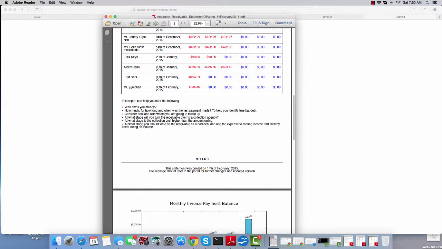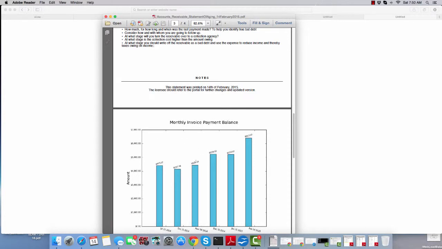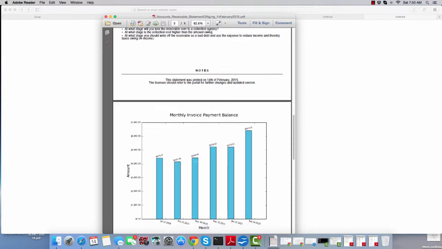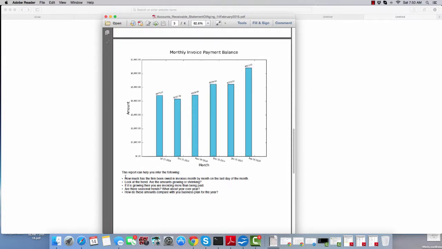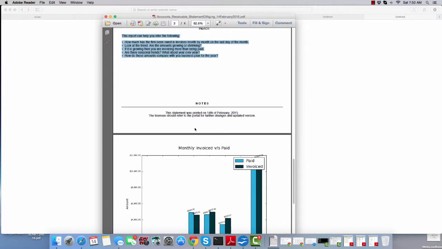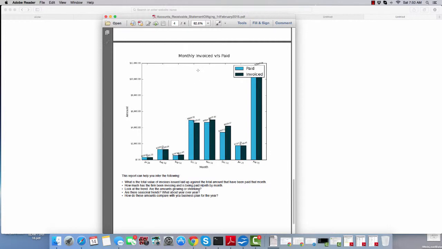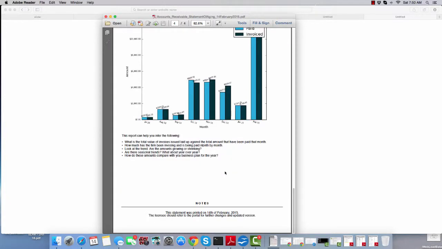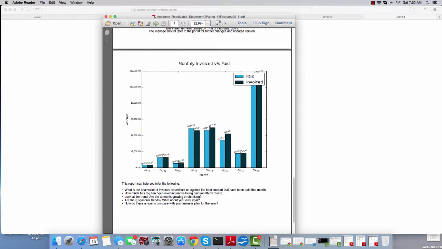There are some key recommendations at the bottom which you can read to see what actions you can take on these people. It gives you an idea of your invoice and payment balance. Again, there are key recommendations on what steps you can take. The most important thing that we would like to stress is monthly invoices paid: how you've been invoicing every month and how you're getting paid every month. So these analytics and charts can really help you.